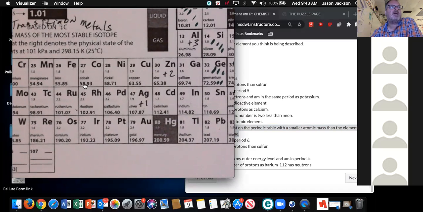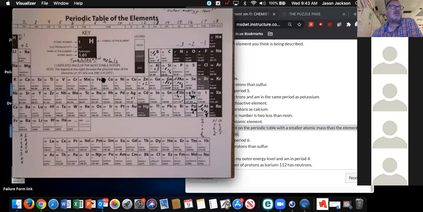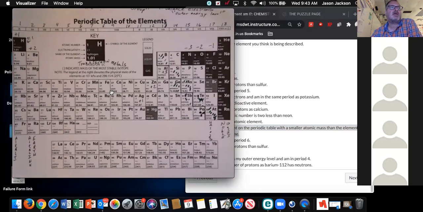But here, 58.93 to 58.71, it goes down. This is not the first case that this happens. So I need you to find the first element with a smaller atomic mass than the element before it.